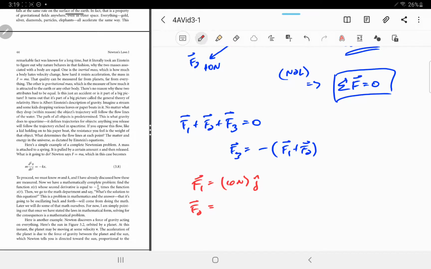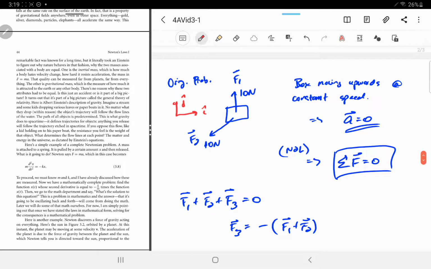And then F2: remember that this was 45 degrees with respect to either the horizontal or the vertical. So cosine of 45 degrees equals sine of 45 degrees equals about 0.71. That times 10 newtons is about 7.1 newtons.